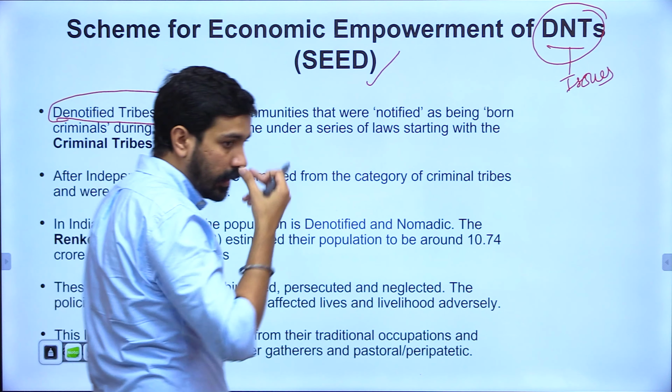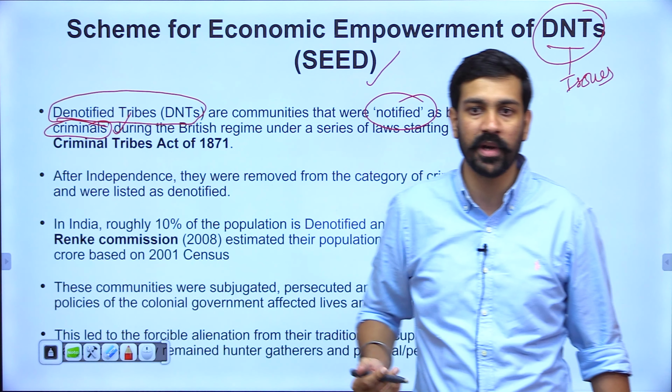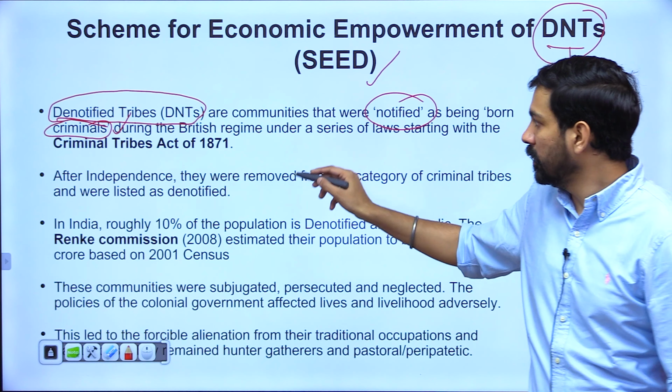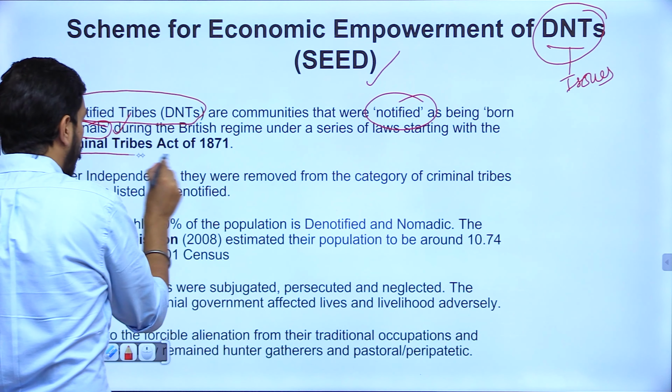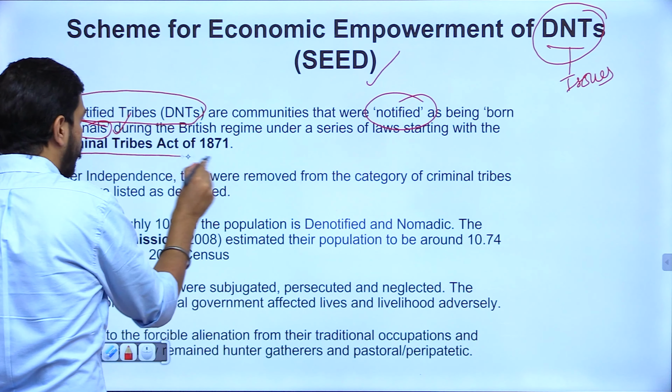There were some tribes who were very strongly resisting the British occupation and harassing them. Because the British were not able to properly deal with them, they were classified as born criminals during the British regime under the Criminal Tribes Act of 1871. So these are the Denotified Tribes.